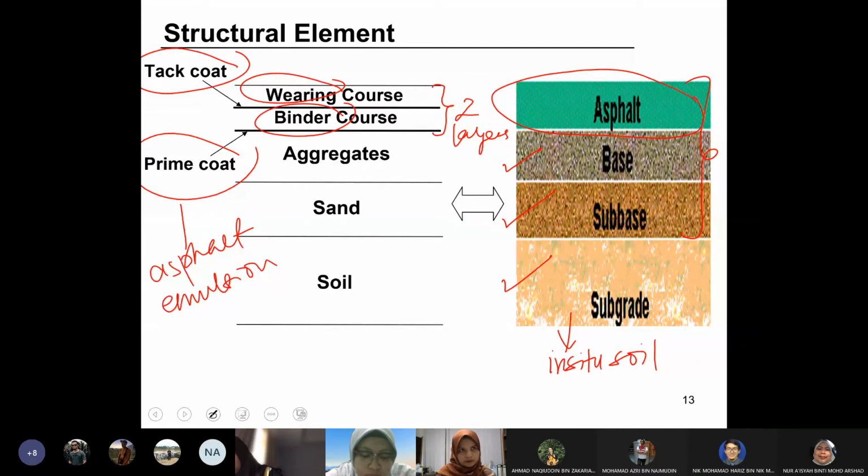Dia akan spray. Kalau you tengok layer dia tu, dia bukan spray dekat permukaan tau. Dia dekat sini, antara wearing and also binder di sini. So kita kata function dia sebagai to provide bonding, sebab dia melekatkan antara wearing course and binder course.